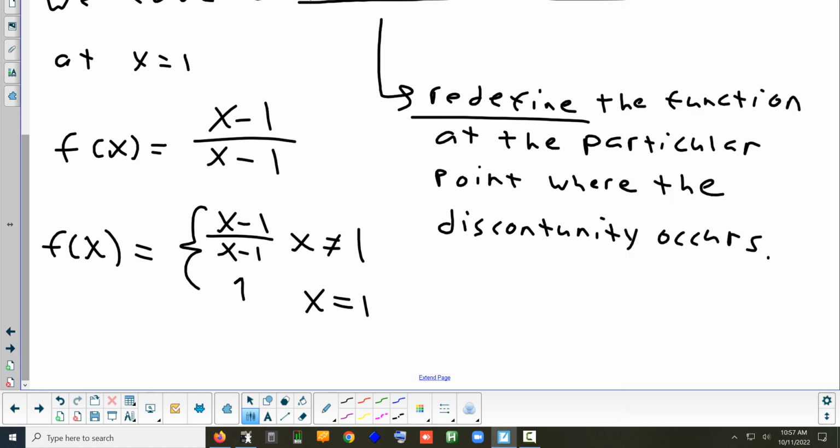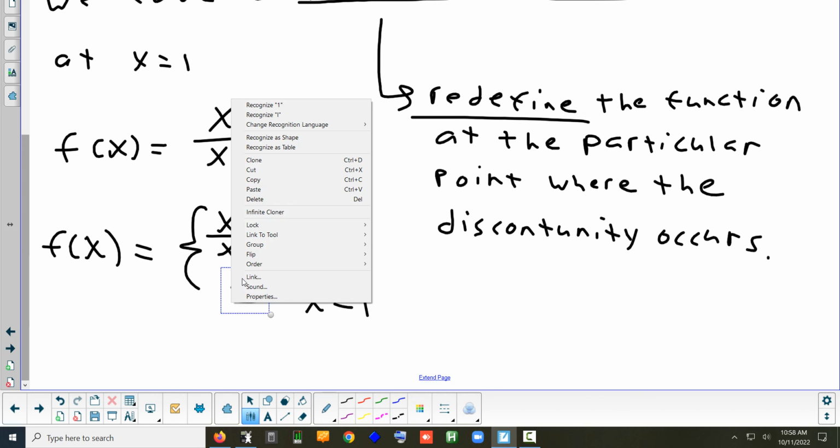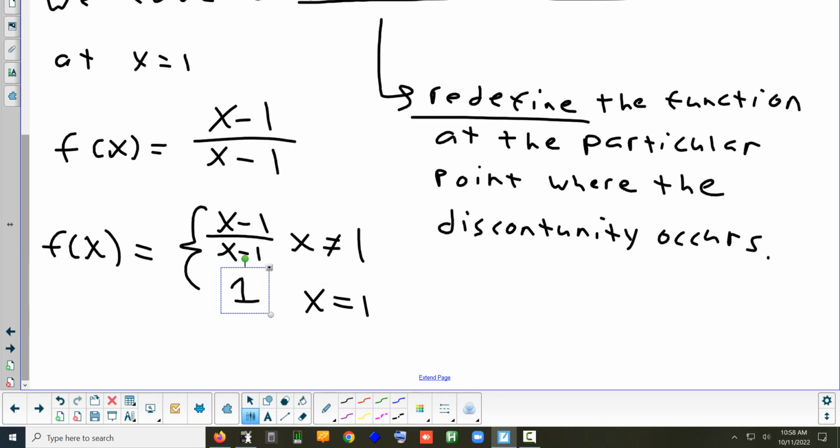You would want 1. Yes. If you graph this top one everywhere x is not equal to 1, and you graph this bottom one only when x is 1, then it would actually be a complete line. So what we basically did is we patched the hole. We said, okay, most of the time you can use this one, but if you try to use the number that causes a hole, just fill in a circle at 1. Okay? So it kind of goes around the removable discontinuity.